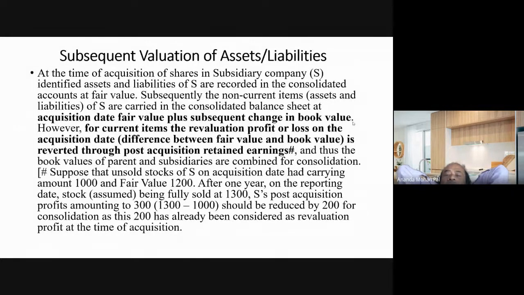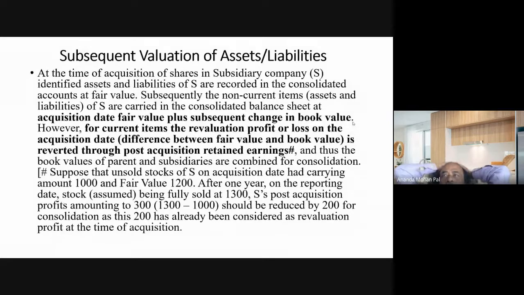And after 1 year, when we are preparing the subsequent consolidated balance sheet, the current asset book value is simply 4 lakhs. So what should we take for consolidation in the subsequent year?